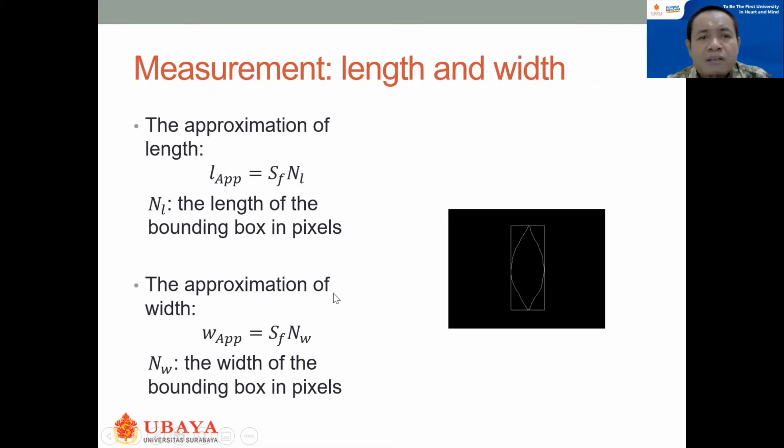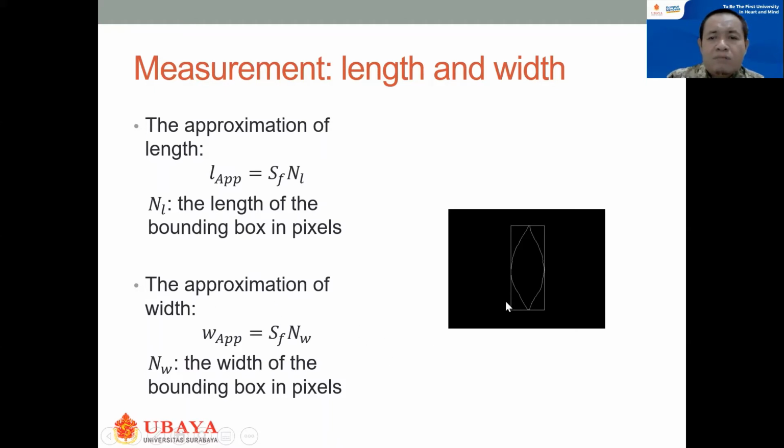For the approximation of length, first we construct a bounding box of the leaf in the binary image. We determine the length of the bounding box in pixels as the length of the leaf. So we obtain NL, the length of the bounding box in pixels, and we multiply by the scale factor to obtain the approximation of length.